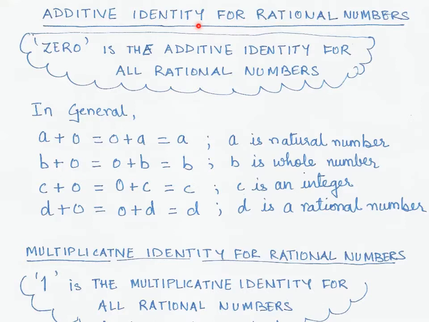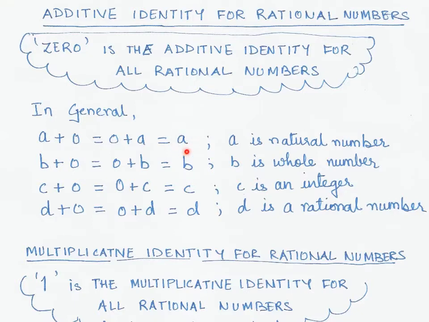In fact, if we try to extend this to the other numbers that we have looked at earlier, let us say that a is a natural number and we add a plus 0, or 0 plus a, we always get the natural number a back.